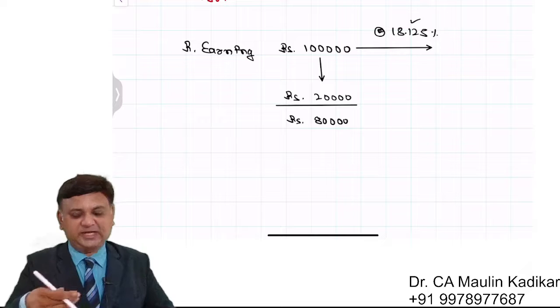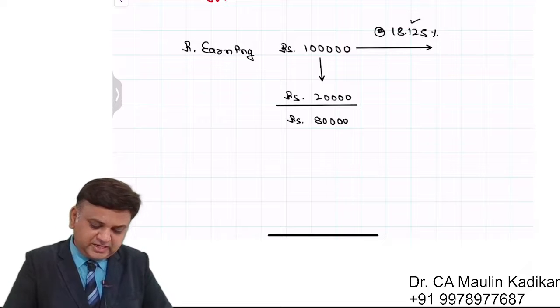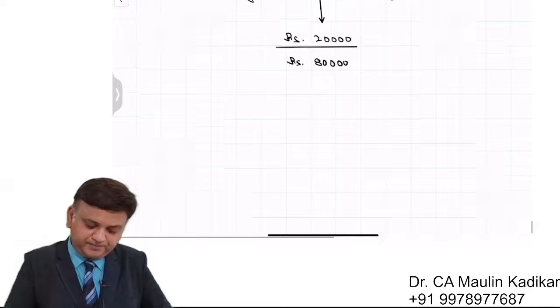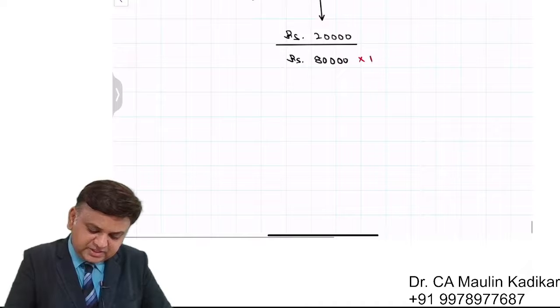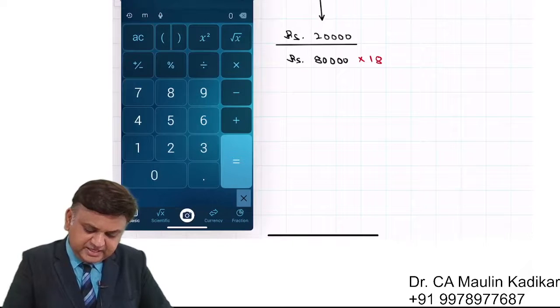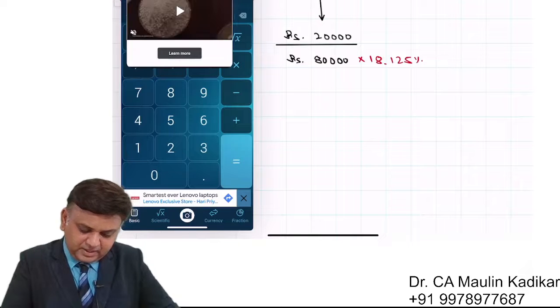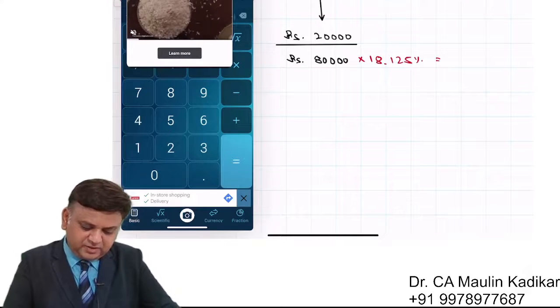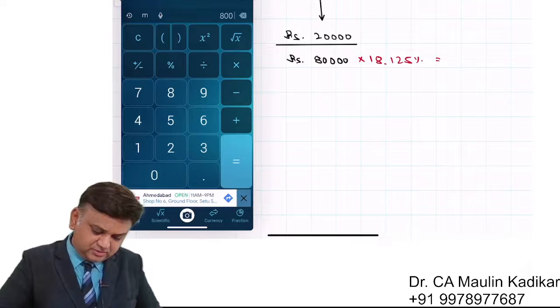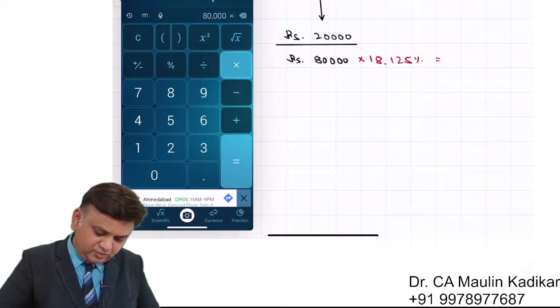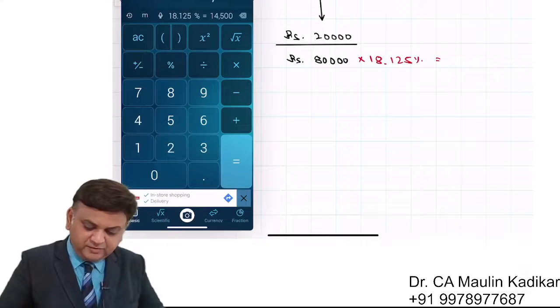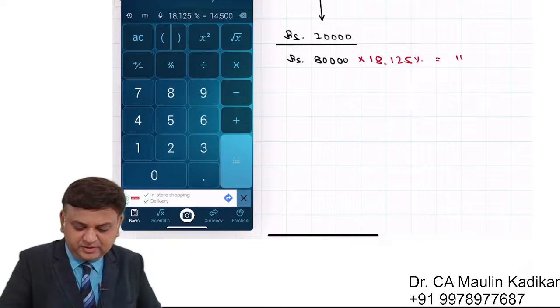And we do understand your opportunity cost is 18.125%. So investing this amount somewhere else at 18.125%, the earning will be 80,000 into 18.125%. You will have earning of 14,500.